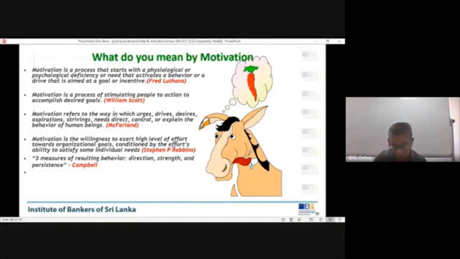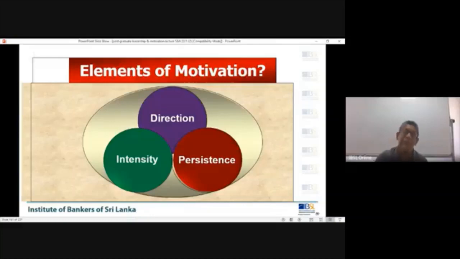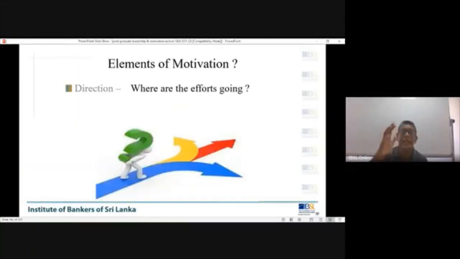Let's look at some of the elements of motivation. Three things: direction, intensity, persistence. Let's explain a little more. What is direction? Where the efforts are going. That is one aspect we need to look at: how to direct them.